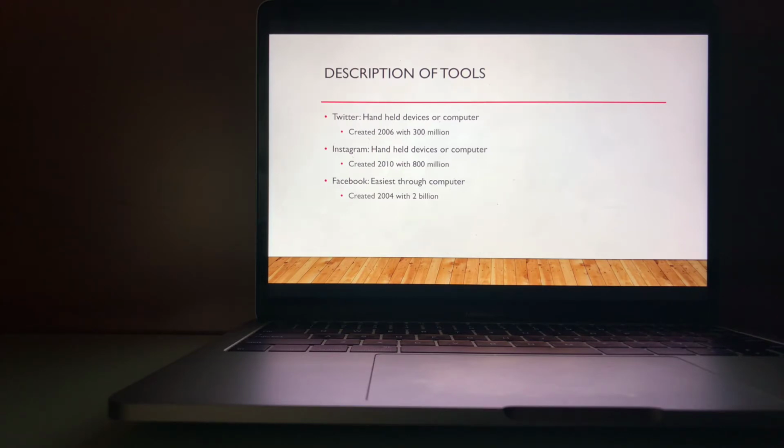Instagram was created in 2010 with 800 million users. Also used on handheld devices or a computer, as well as Twitter. I believe that Instagram can be easiest to use on a handheld device such as an iPhone or an iPad.